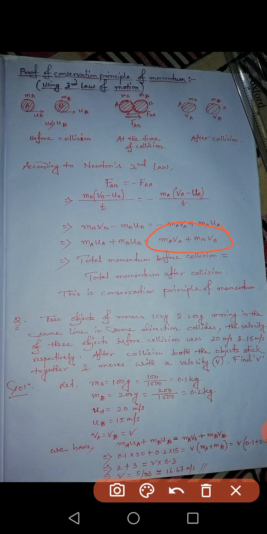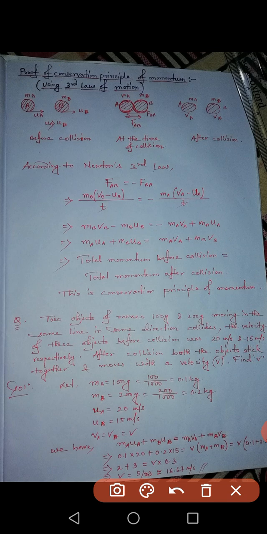Then we'll solve one sum, but remember that whenever you do any proof or any kind of derivation, you write the description of the things that you are using. In this case you have to write it this way. Let us consider two bodies of masses mA and mB.